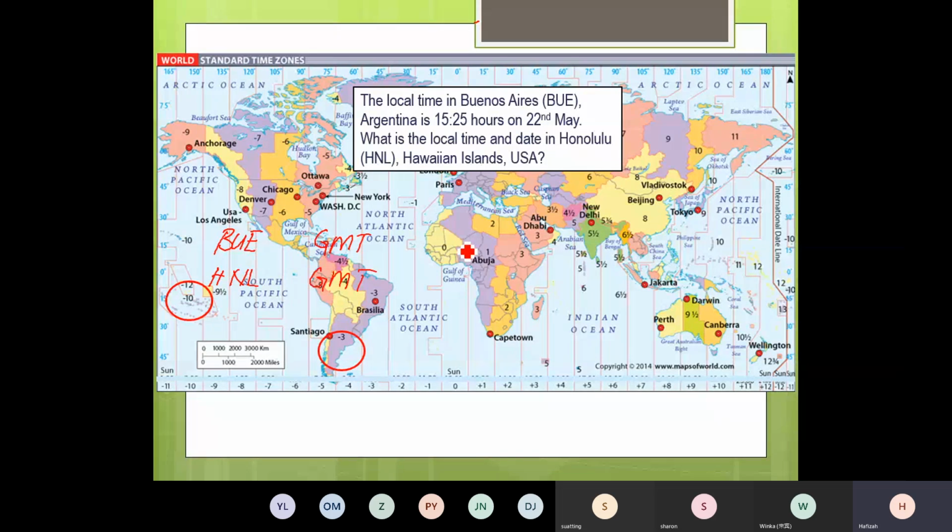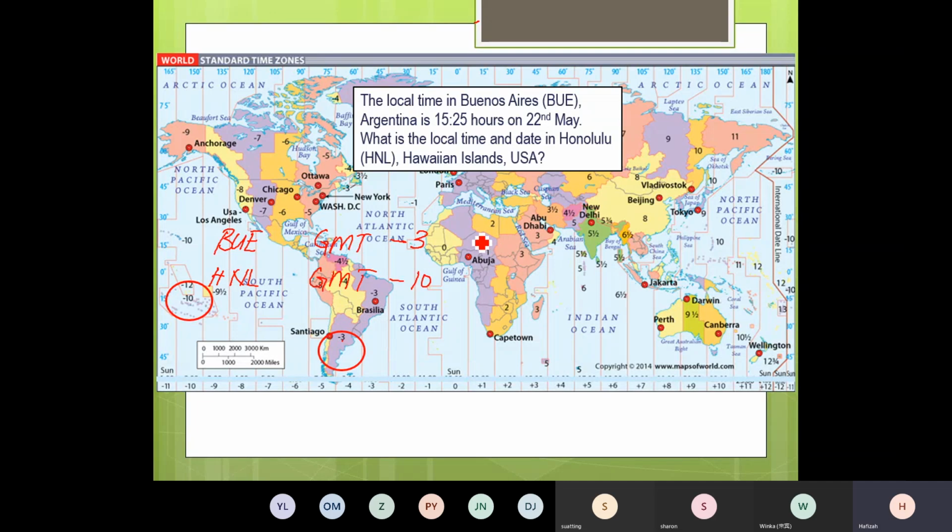The GMT of Buenos Aires, if you look through here, this one here is Buenos Aires, so minus 3. Honolulu is minus 10. If you look through here, what time do they give?